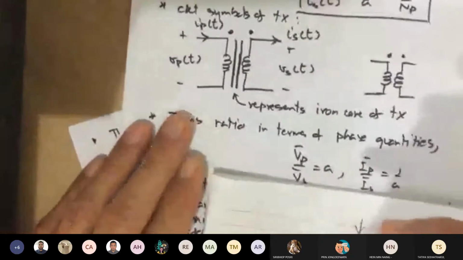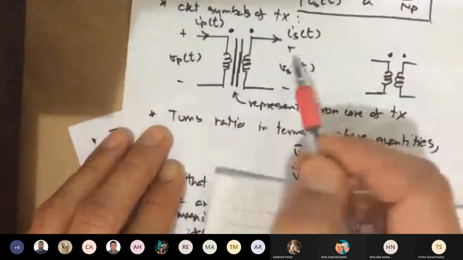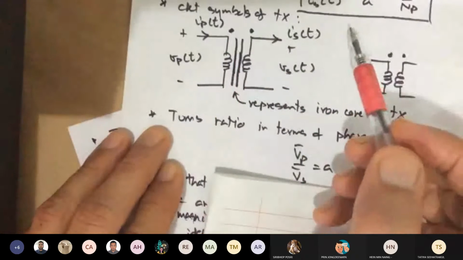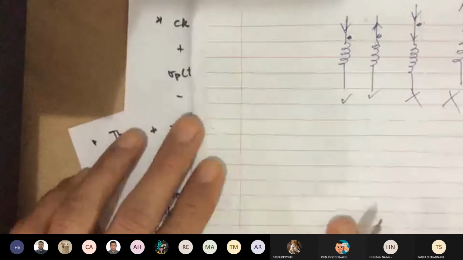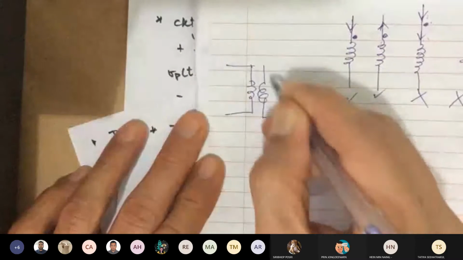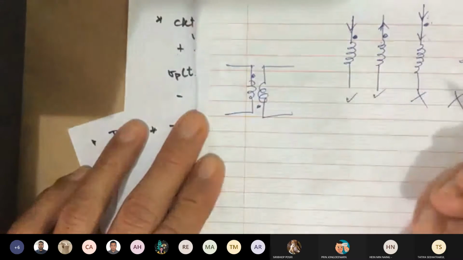So remember the two rules. Voltage, dot positive, voltage is the same. Current is opposite. Some engineer might be playful. I can have the circuit symbol like this. Dot right there, dot right here.